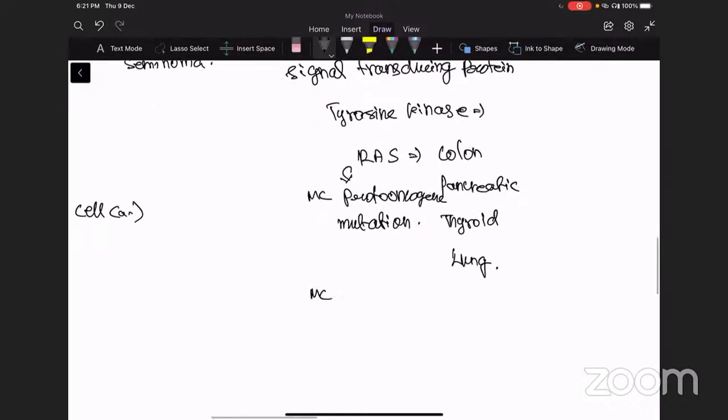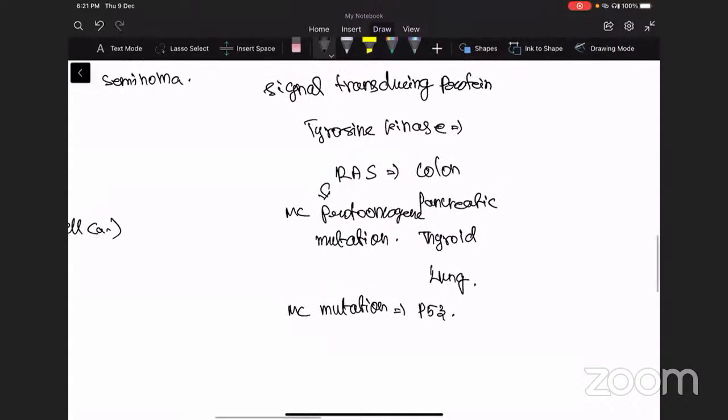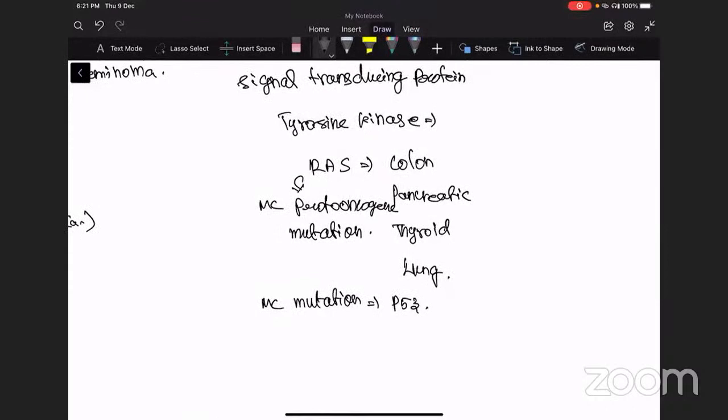Whereas the most common mutation overall is P53. Yes, tyrosine kinase pathology, CML, tyrosine kinase.